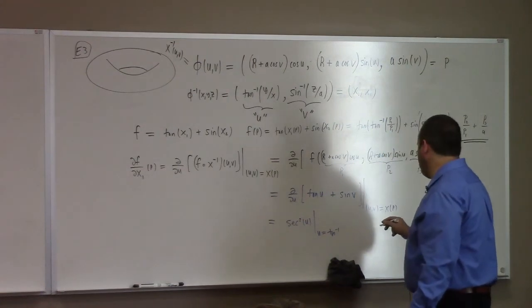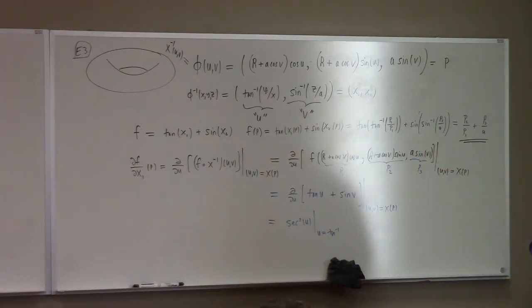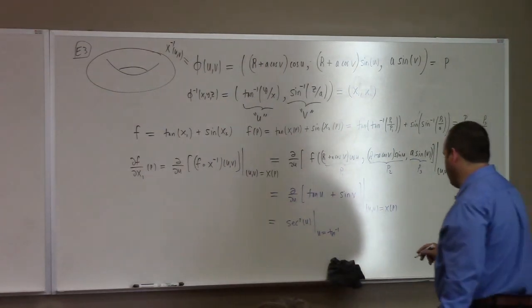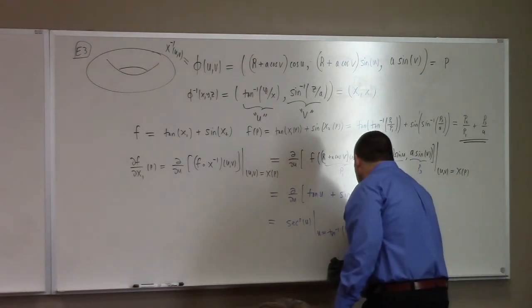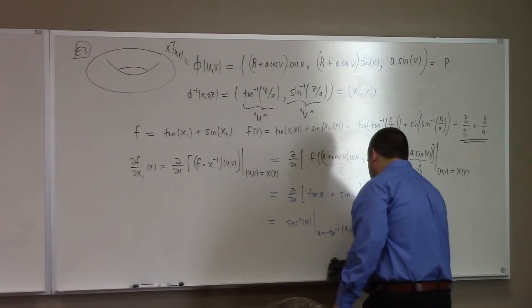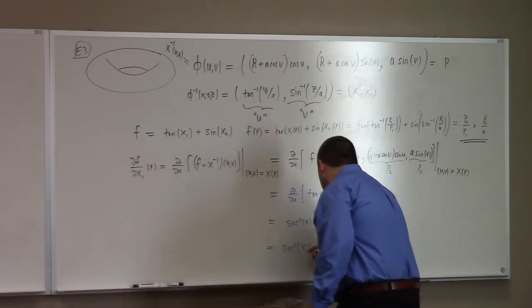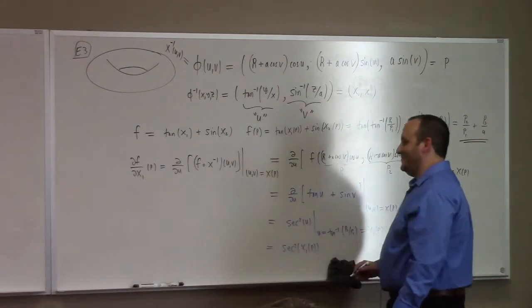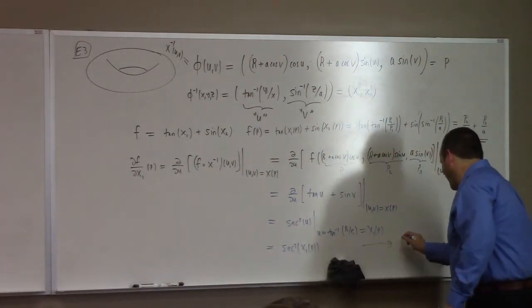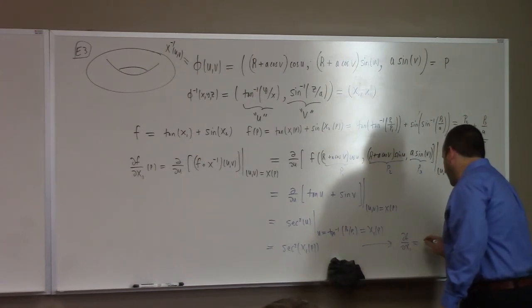Oh, I'm sorry, I'm an idiot here. Oh, tangent inverse of P2 over P1, yeah. But maybe I should just leave that as x1 of P. It's more productive, yeah? P is arbitrary, so partial f partial x1 is secant squared of x1, yeah.